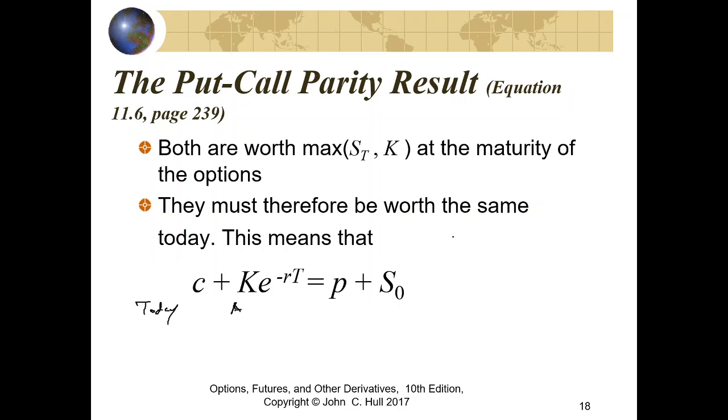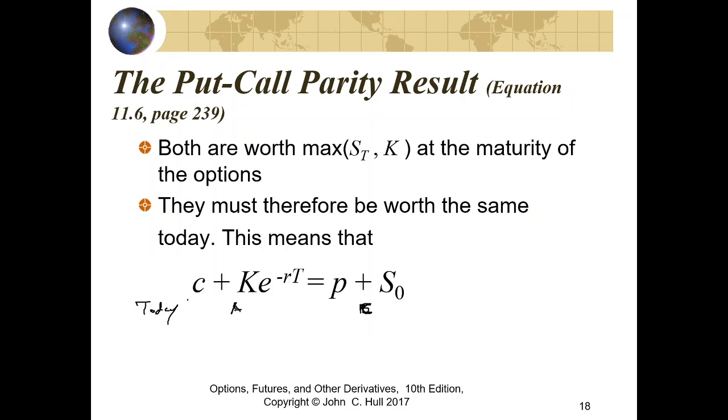How about portfolio C? Portfolio C consists of the put option and the underlying stock. So their value today is the price of the put option and the price of the stock today. They combined form the value of portfolio B, or C, let's be consistent, C, as mentioned in the previous example.